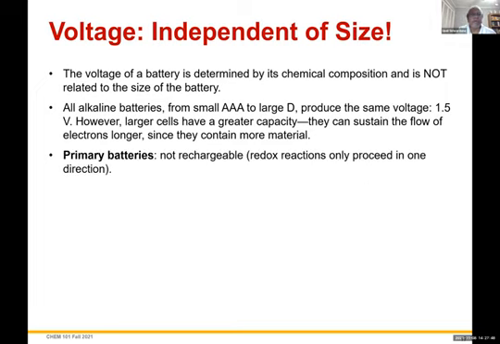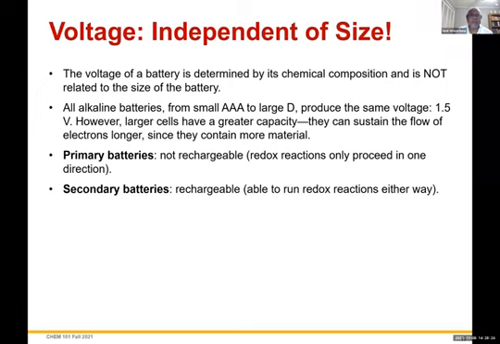Primary batteries are the ones that are non-rechargeable. Their chemical reactions only go one way. They cannot be recharged. It depends on whether the redox reactions are reversible or at equilibrium. Non-equilibrium reactions, where reactants go to products in a redox reaction, are primary, only one way.